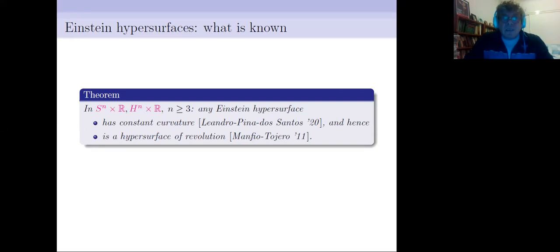So this is classified, this is understood, but of course, if you go a little further in this direction, this is not known, this is open. Say you have a product of two spheres, have different curvature, even of the same curvature, you have just a product, like a bunch of spaces of constant curvature, what are Einstein hypersurfaces?